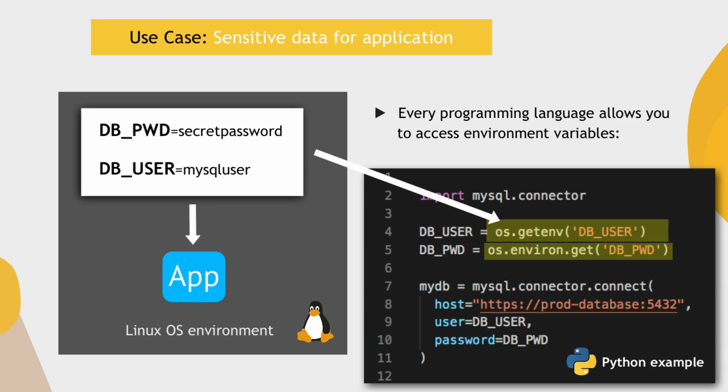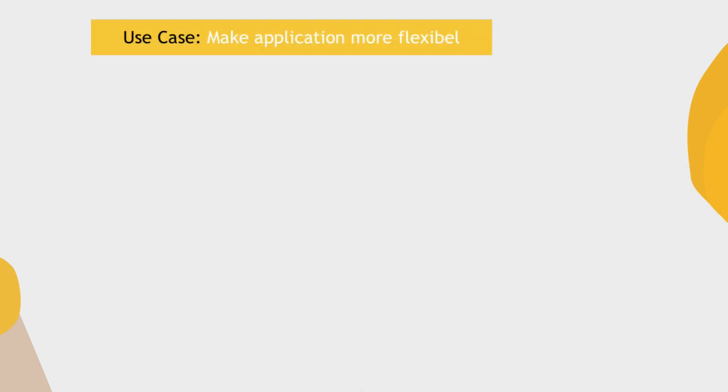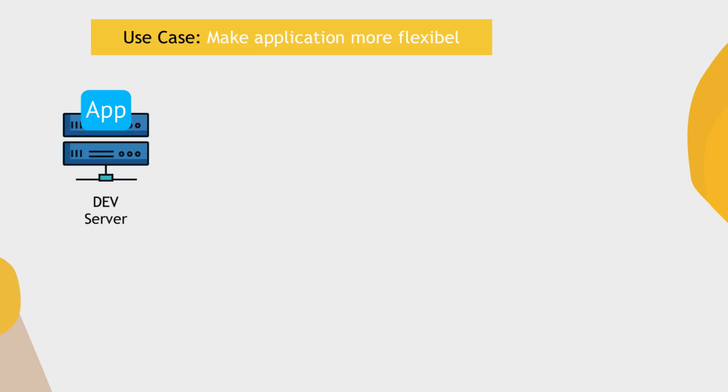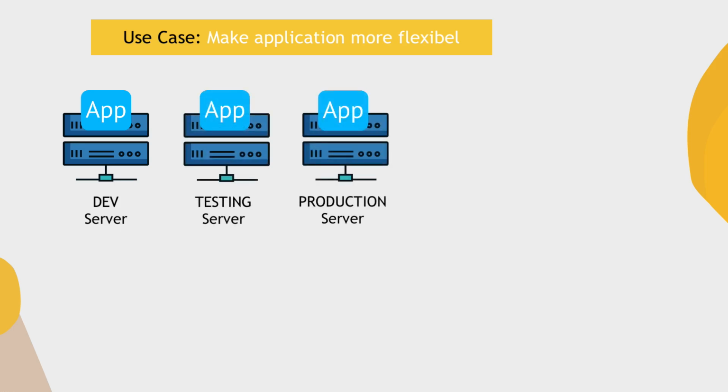Now, the environment variables we create for the application aren't only for storing sensitive data, but also for making the application more flexible. What do I mean by that? Our application will probably run in different servers. We might have a development server, which is our development environment for testing the application, maybe in development stage. Then we may have a testing server, and then we may have the production server.